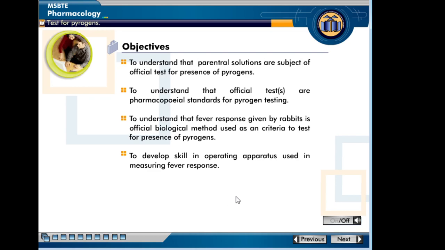The objectives of this experiment are to understand that parenteral solutions are subjected to an official test for the presence of pyrogens, to understand that official tests are pharmacopoeial standards for pyrogen testing, to understand that the fever response given by rabbits is the official biological method used as a criterion to test for the presence of pyrogens, and to develop skill in operating the apparatus used in measuring the fever response.